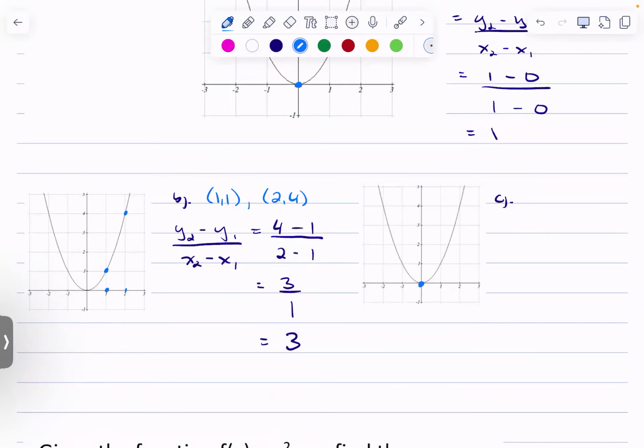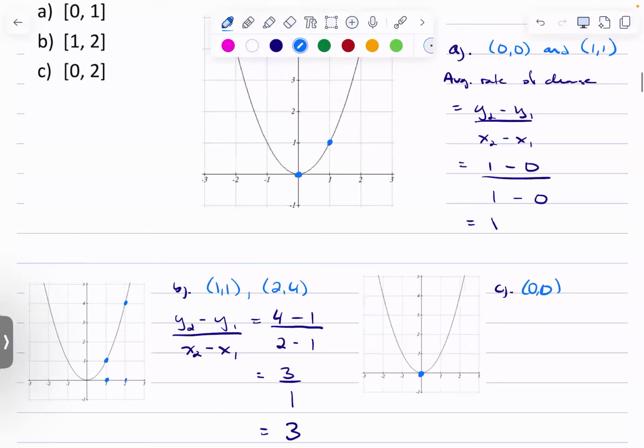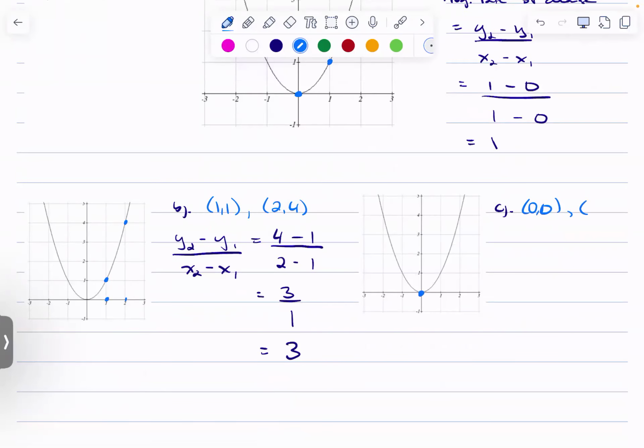Now we're looking at 0, 0, between 0 and 2, and 2, 4. Really cramped here, but that's okay.